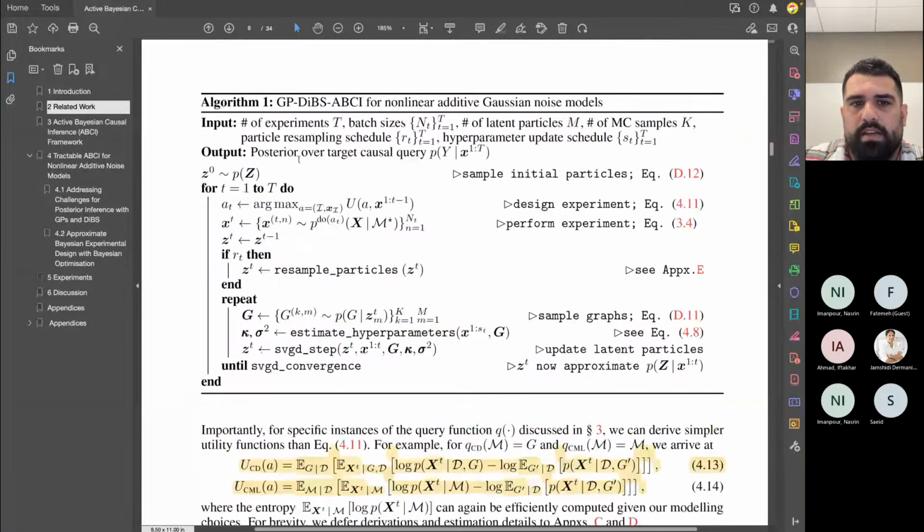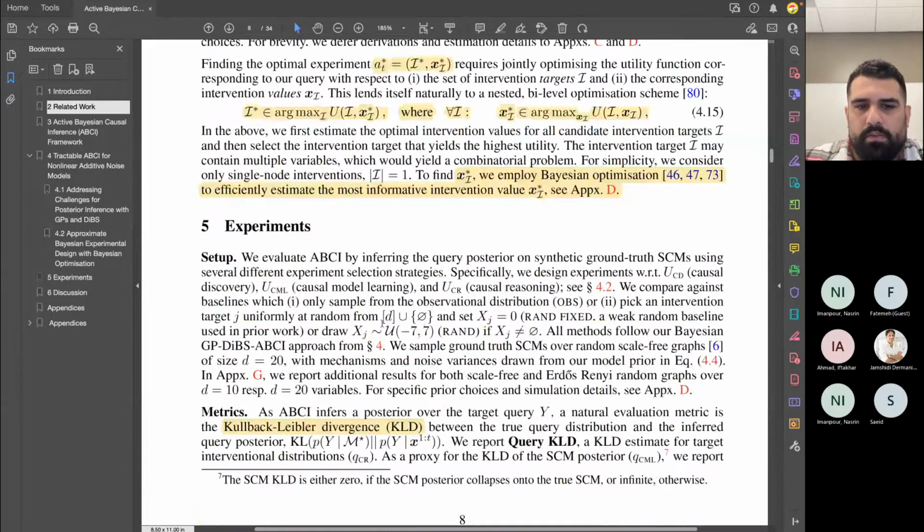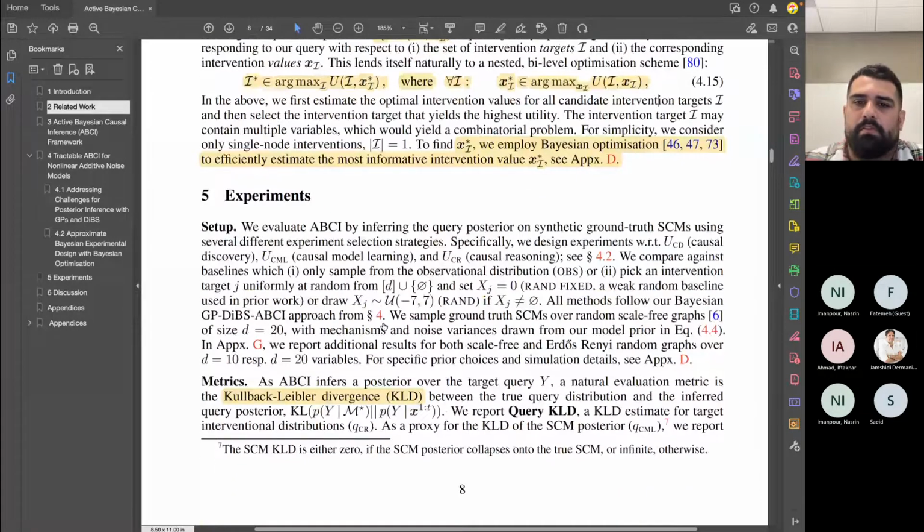So this is the algorithm. They show how they implemented the framework they talked about. When they performed experiments, they performed them only on synthetic data, and they divided that into 3 different utility functions.